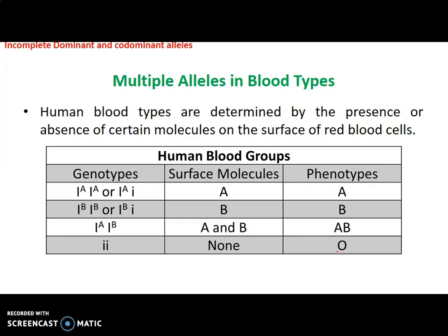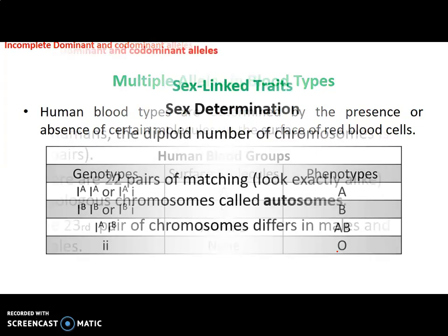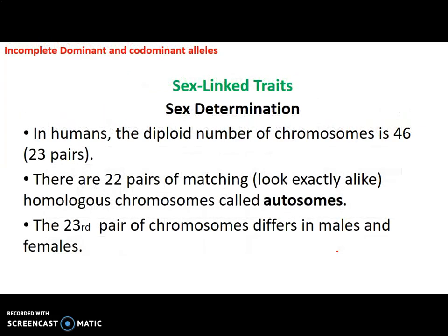None of them is left aside. Both of them produce their antigens, which is codominance. And that's the reason why we say that A and B are dominant over O, because O produces nothing. It doesn't produce any antigen on its red blood cell. So that's why we say that ABO is another example of codominance.